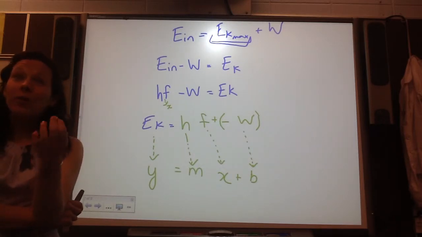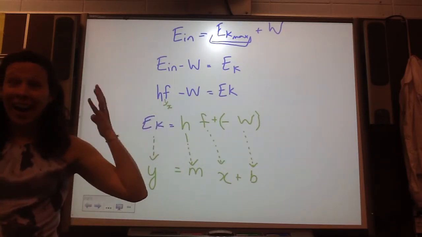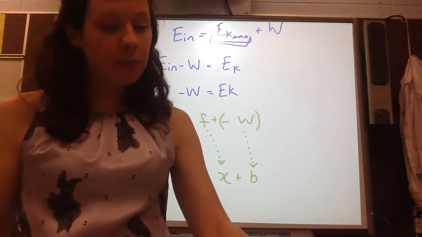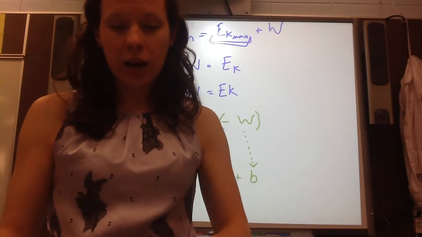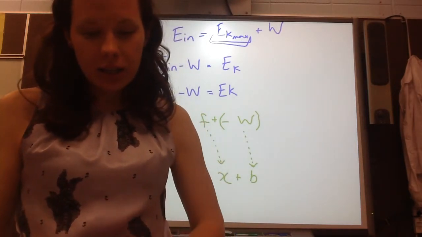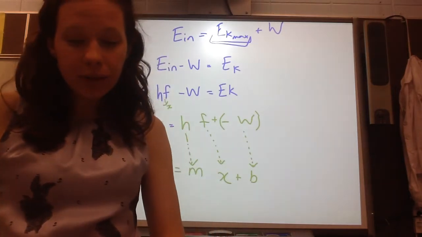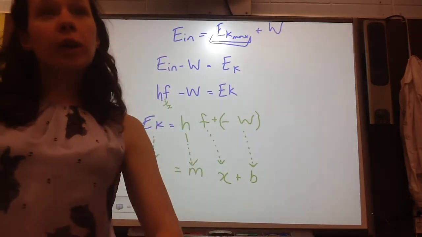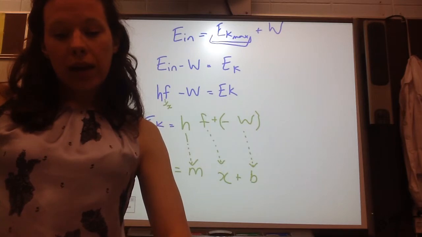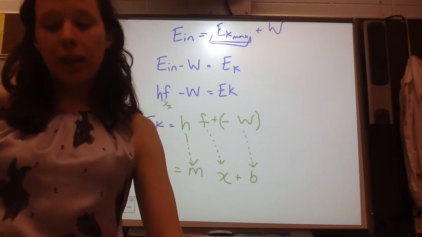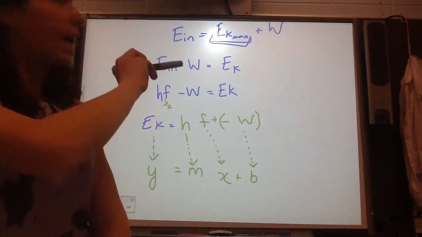For your question in the assignment, Hayden, about number 12, you would show that every slope should be Planck's constant, which is EK over f.